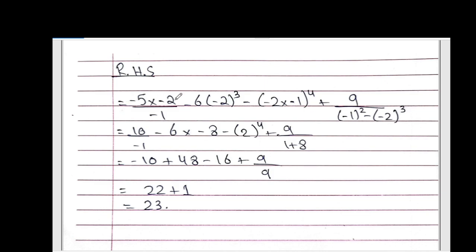Minus 5 into minus 2 will be positive 10, minus 1 as it is, minus 6, minus 2 cubed will be minus 8, minus as it is, minus 2 into minus 1 will be positive 2, power will come as it is, plus 9 is the numerator, minus 1 squared will be positive 1, minus minus 2 cubed will be minus minus 8.